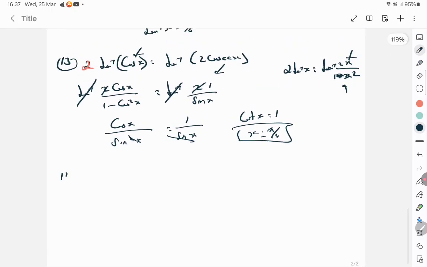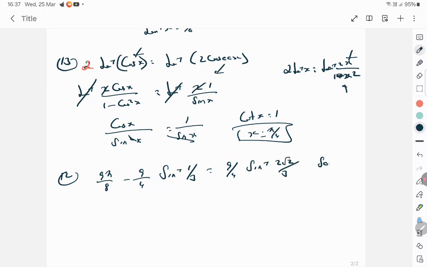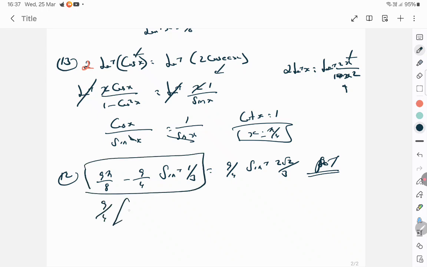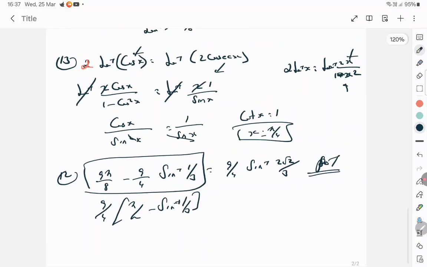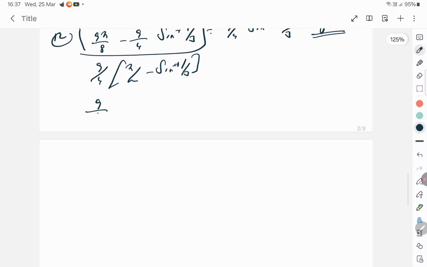So let's go to 12th question. 9 pi by 8 minus 9 by 4 into sin inverse of 1 by 3 is 9 by 4 into sin inverse of 2 root 2 by 3. Is it a solve? No, it's a prove that sum. You take the left hand side. See what is common. You have 9 by 4 common. You get pi by 2 minus sin inverse of 1 by 3, which is an identity in inverse trigonometry, which is 9 by 4 into cos inverse of 1 by 3.